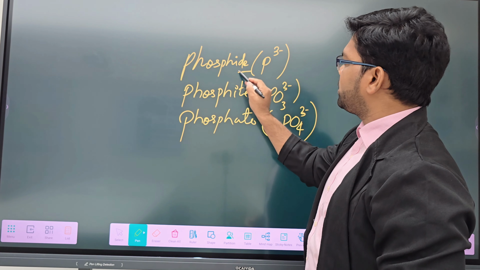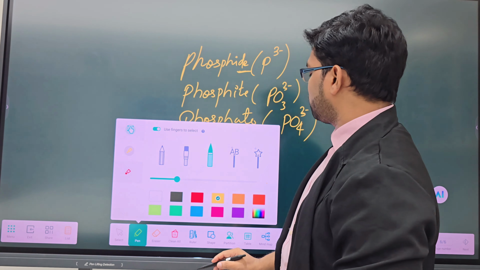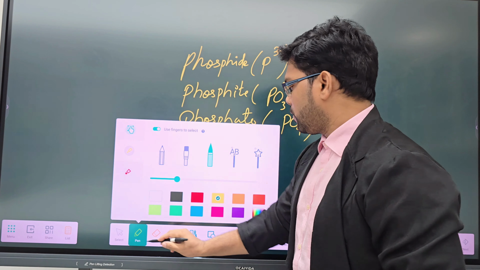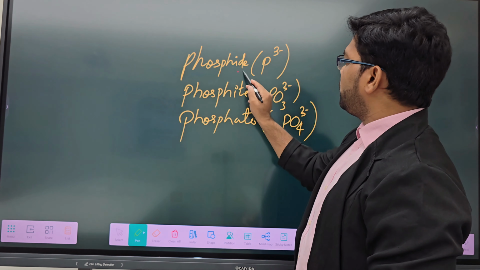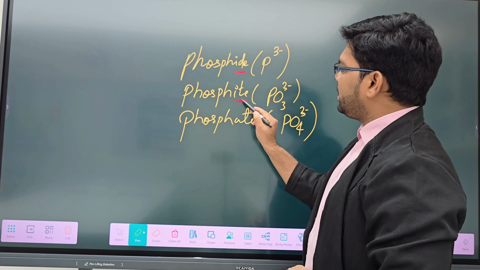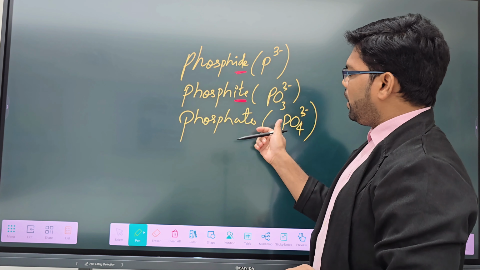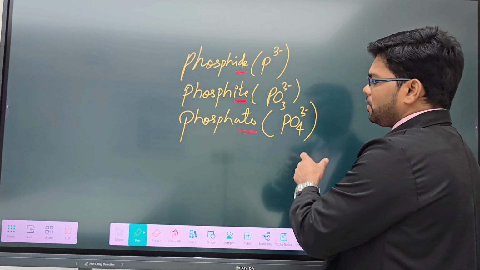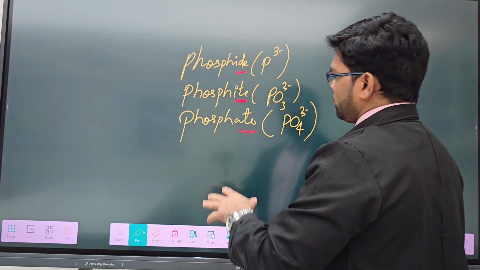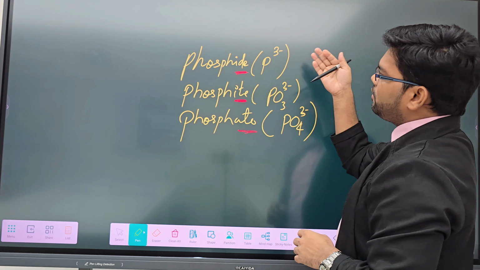Okay, you can see there is IDE without oxygen, ITE where intermediate oxygen is present, and then ATE. Basically students get confused, so always remember, if it is phosphide then there will be no oxygen.